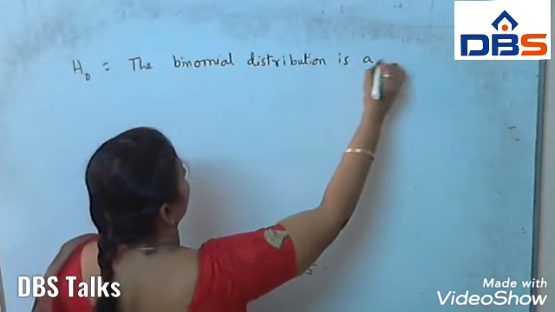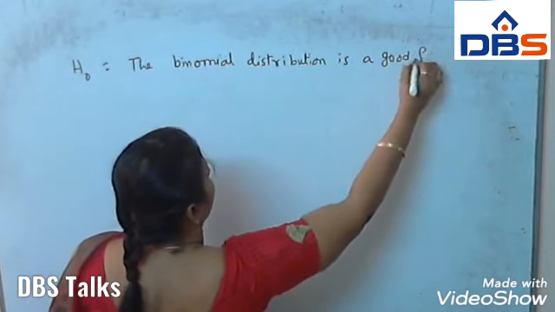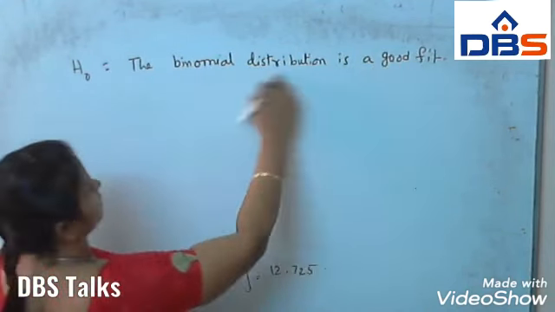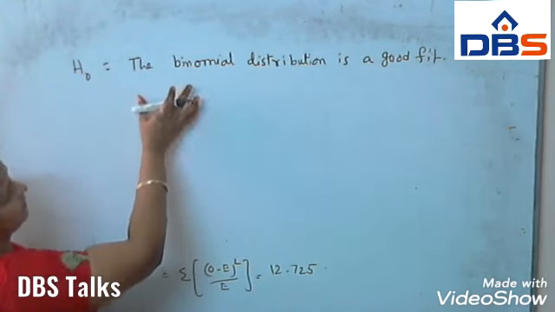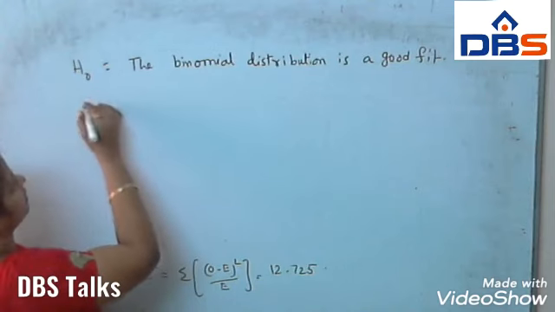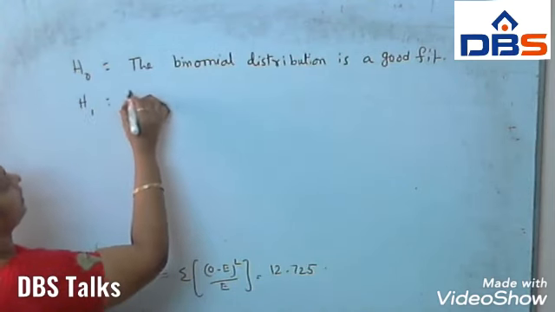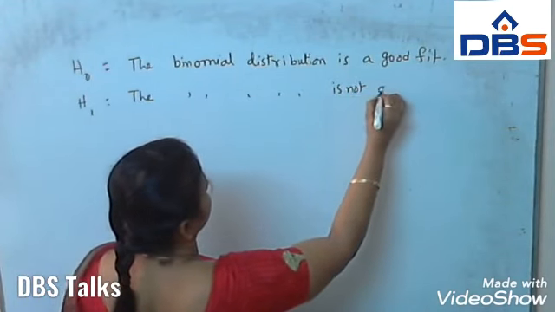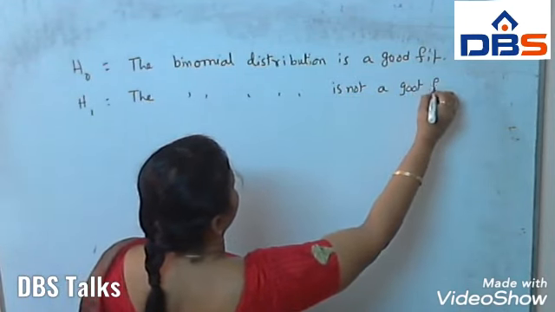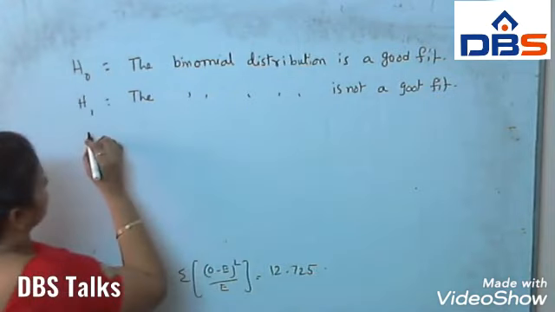We assume that the binomial distribution is suitable for this data. Now we test whether it is accepted or not. H1: the binomial distribution is not a good fit. So which one is satisfied? Now we check.